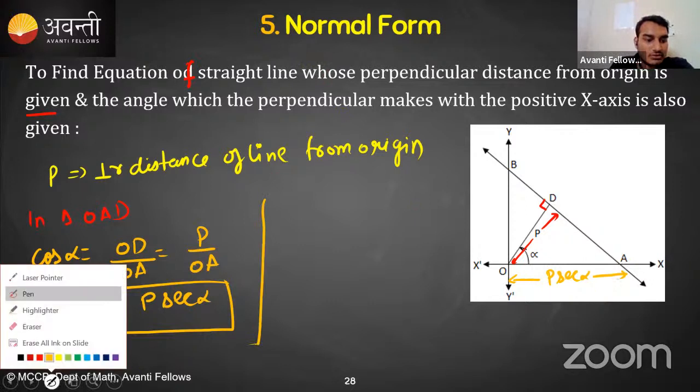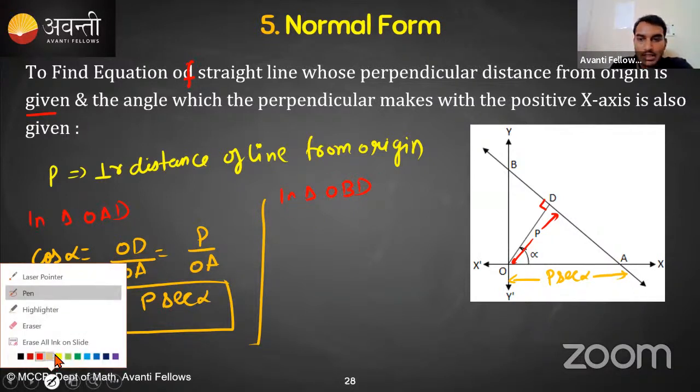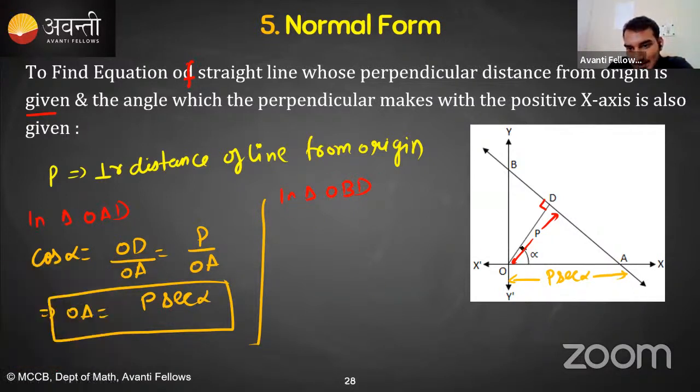Similarly, students, in triangle OBD, if I ask you, see, if this is alpha, so this is nothing but 90 minus alpha, and this is 90, so this would be alpha, right? So in triangle OBD, what is sin alpha?